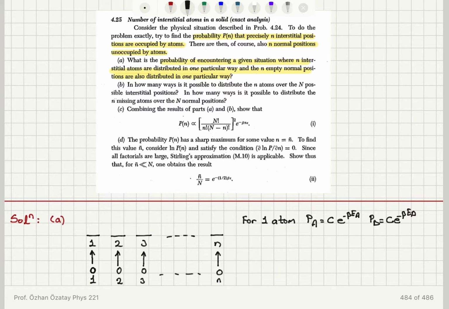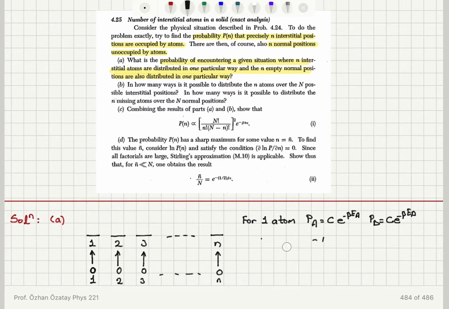And now that's for the first atom. Second atom, now I'm going to place it in the second position. Probability of being in the normal position is the same. So let's say we're not doing second atom, but we're doing jointly two atoms.